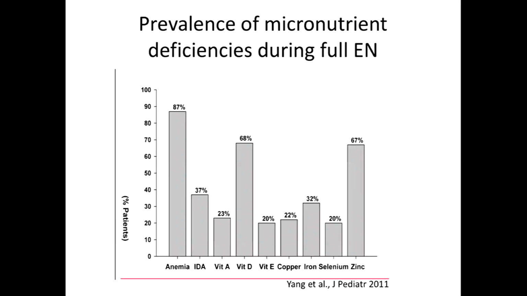When a patient was weaned completely off parenteral nutrition and receiving full enteral nutrition, the prevalence of the different deficiencies actually changed and was also quite high, as you can imagine. And again, this is at a center where we take special care to maintain children on micronutrient supplementation as they're weaning from parenteral nutrition.